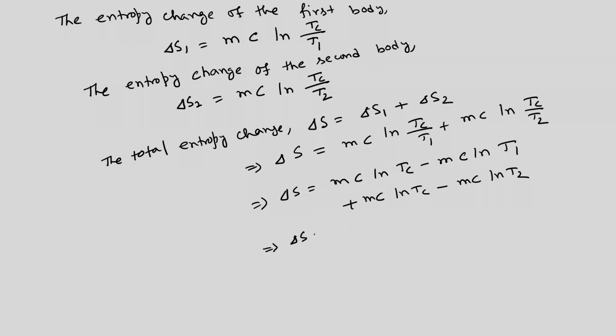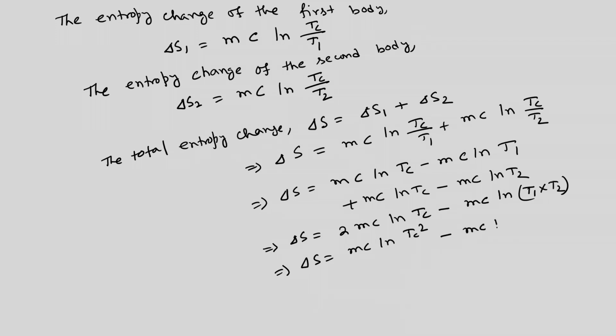So, we get delta S is twice mC ln Tc minus mC ln (T1 times T2), or delta S is mC ln Tc squared minus mC ln (T1 times T2).